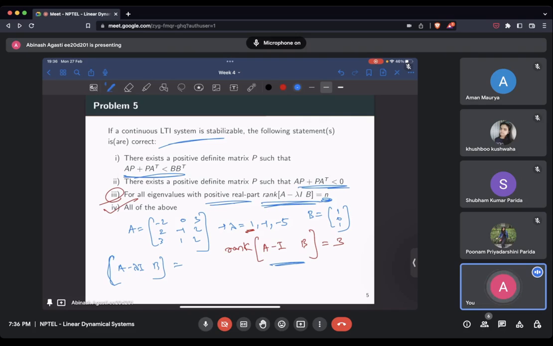Okay, so we can try this and then you can verify that these are similar tests.